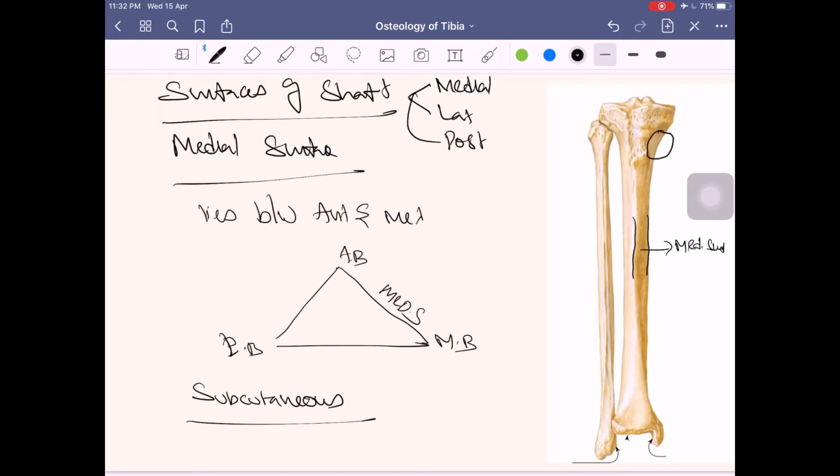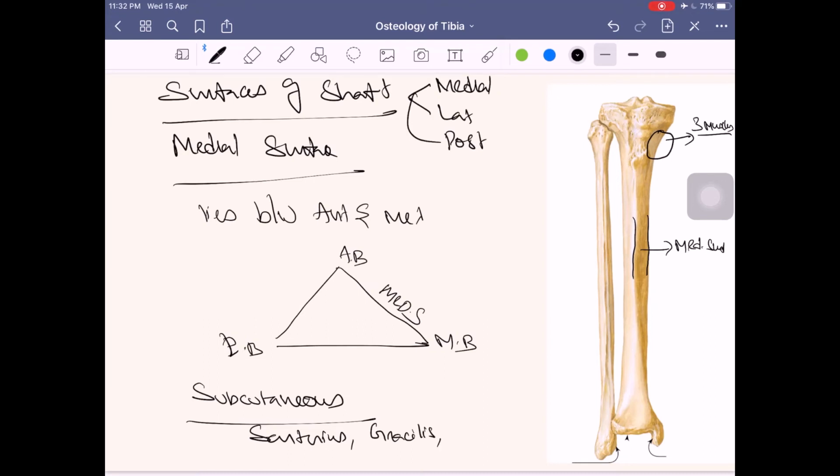Now in the upper part of this area, it receives the insertion of three muscles. What are these three muscles? The anteriormost muscle is sartorius. Then behind, two muscles are there.